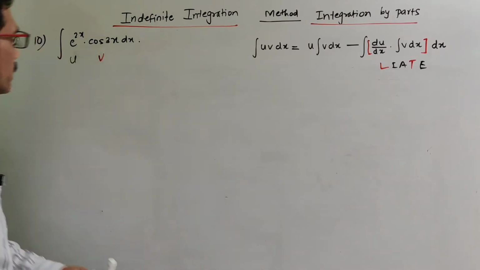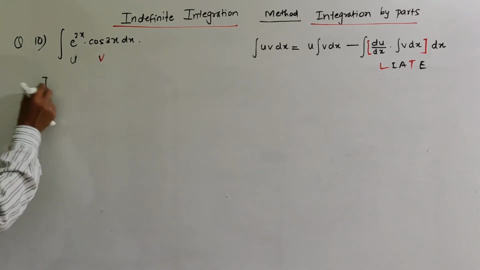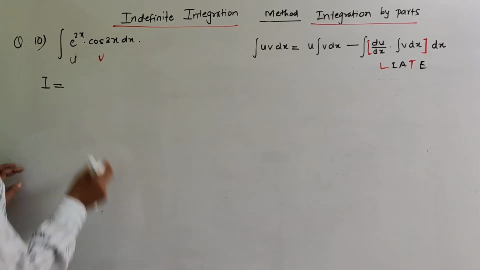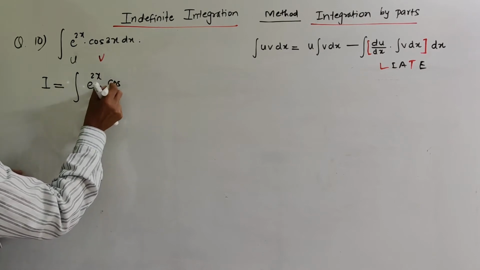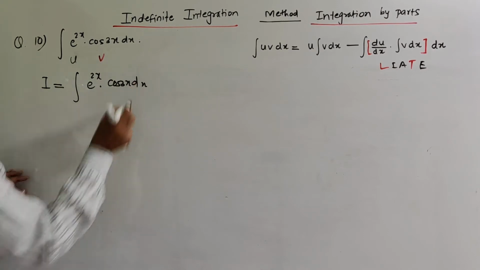So if we integrate by parts, before that we take this as I. So I is equal to integral of e raised to power 2x into cos of 3x dx.